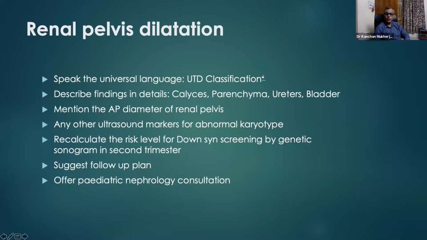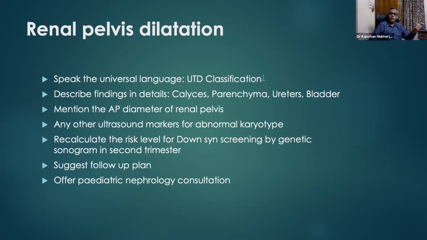If you read this paper, you will realize that there is a structured way of reporting urinary tract dilatations. You have to describe the findings, like how did the calyces look, how was the parenchyma, are the ureters dilated, how was the bladder wall thick, like those.